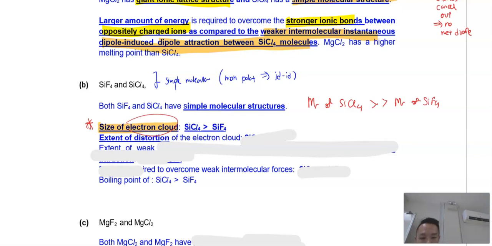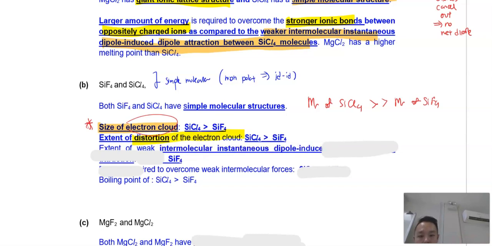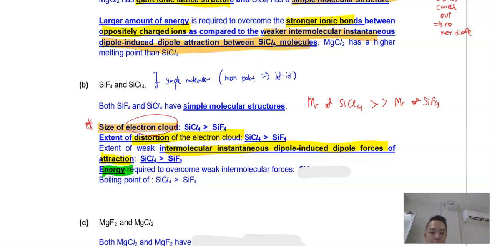We know that the bigger the electron cloud size, the more significant the distortion of the electron cloud. This leads to a greater extent of ID-ID. And once we have more extensive ID-ID, the energy requirement will be higher for SiCl4 to overcome the weak ID-ID.